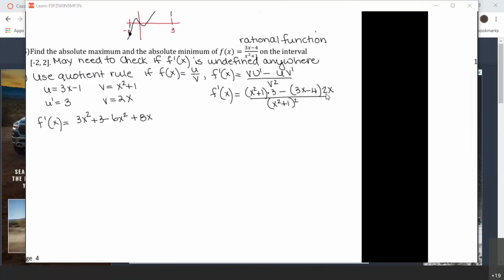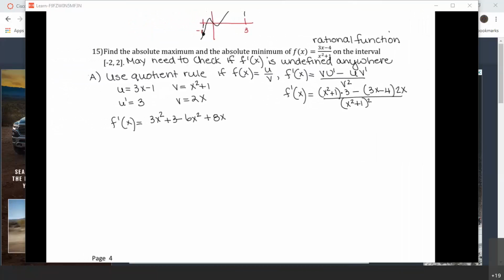If you want to break it into two steps, leave the parentheses in place, and then you'll get minus parentheses 6x squared minus 8x, and then you have to distribute the negative sign last. Okay, I did them all at once, okay, just to cut down on steps. The denominator is still the same.